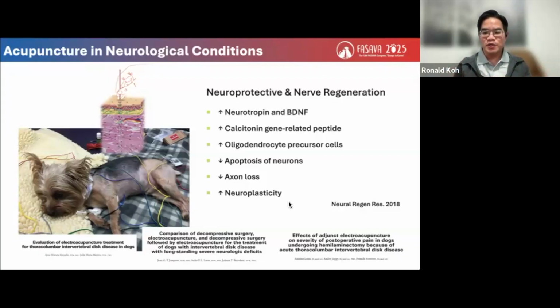Acupuncture also reduces apoptosis and decreases axon loss, which helps to preserve those surviving neural pathways. And overall, it promotes neuroplasticity, which is an important thing to help recover their nervous system. So this is why this is a phase that I absolutely would recommend acupuncture for my patients.